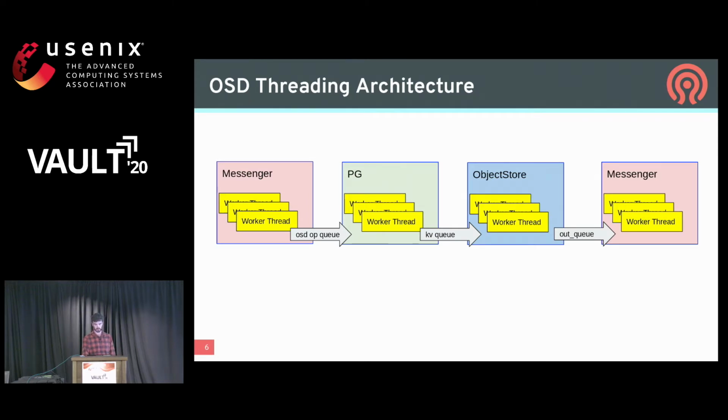If we consider a small unreplicated write, and go thread by thread, a client message needs to be read off the wire by a messenger thread, which then places the message in the op queue. An OSD op thread then picks up the message and creates a transaction, which it queues for BlueStore. BlueStore's sync thread then picks up the transaction, packs it into a RocksDB transaction, and passes that off to RocksDB to write to disk.